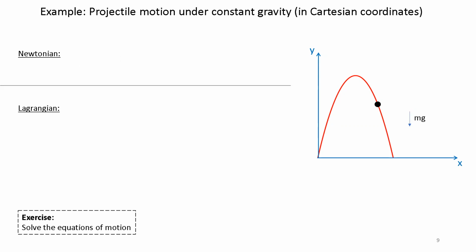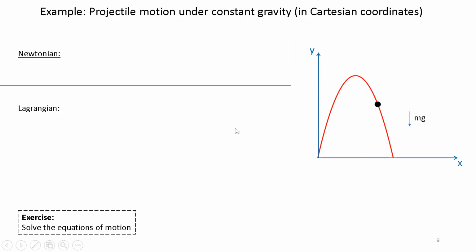So here, again, is one example. I want you to look at projectile motion under constant gravity. This is a 2-dimensional problem, so we need x and y, 2 equations of motion. In Newtonian mechanics, what do you need to consider?